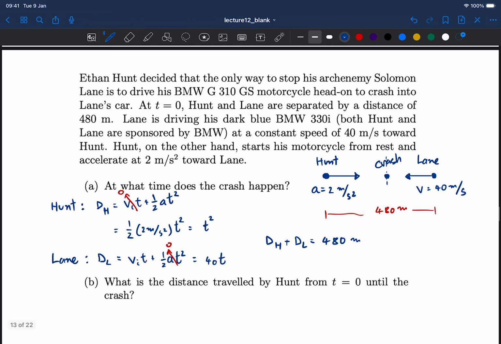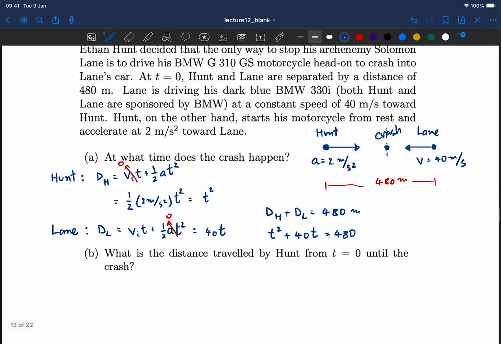So you have a quadratic equation that has t squared plus 40t equal 480. And then you need to find the time. So you need to rearrange a little bit: t squared plus 40t minus 480 equal to 0.